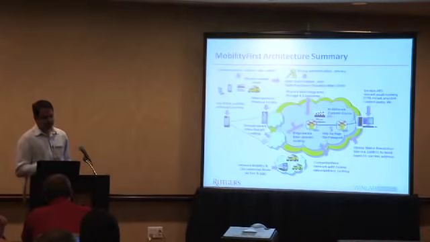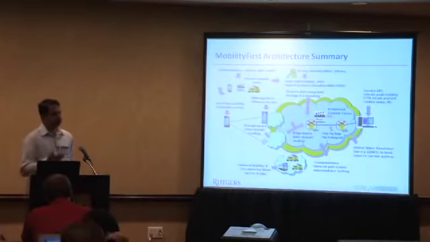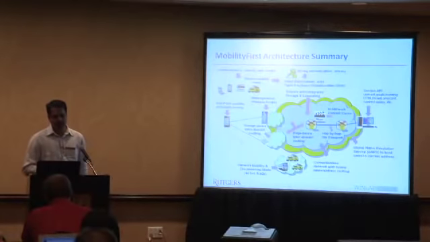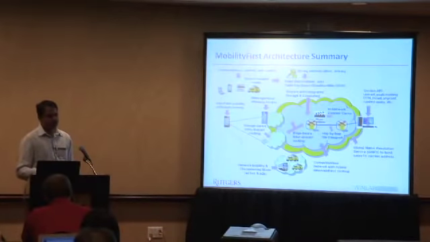With all these considerations in mind, we came up with the Mobility First architecture. I'll spend a couple of slides describing the key parts of the architecture that we're trying to validate on GENI. The primary aspect of Mobility First is a clean separation between the name and the network address, or the locator.